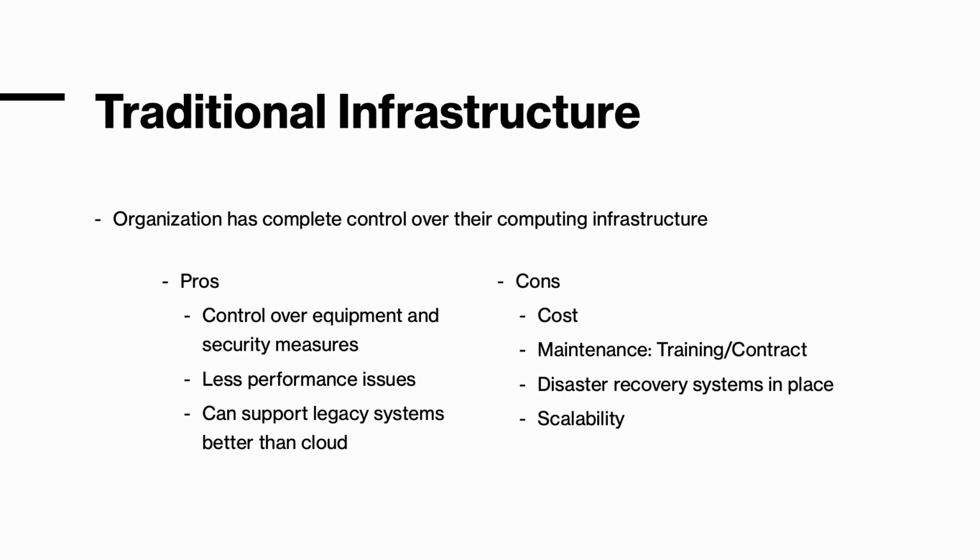Pros is that the company can choose, they can do research, figure out what they want to use, and they would be able to then hire people specializing in that type of software or software and hardware to maintain their systems. There are fewer performance issues as it's on site or could be somewhere close by for the company to be closer to network wise.